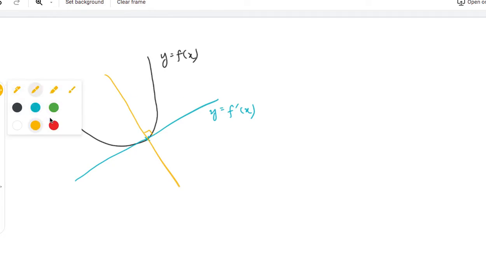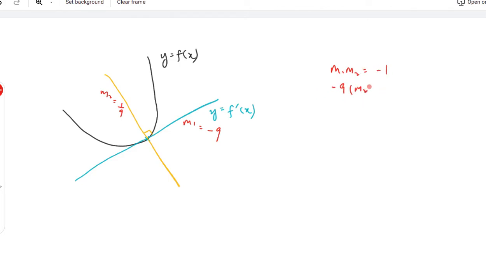Okay, so last time you learned about this one M1, this one M2. If M1 equals negative 9, M2 will equal 1 over 9, because M1 times M2 equals negative 1. M1 is negative 9, M2 you don't know, you get negative 1. So this one will be 1 over 9. In other words, if M1 equals 2, your M2 equals negative, inverted, 1 over 2.